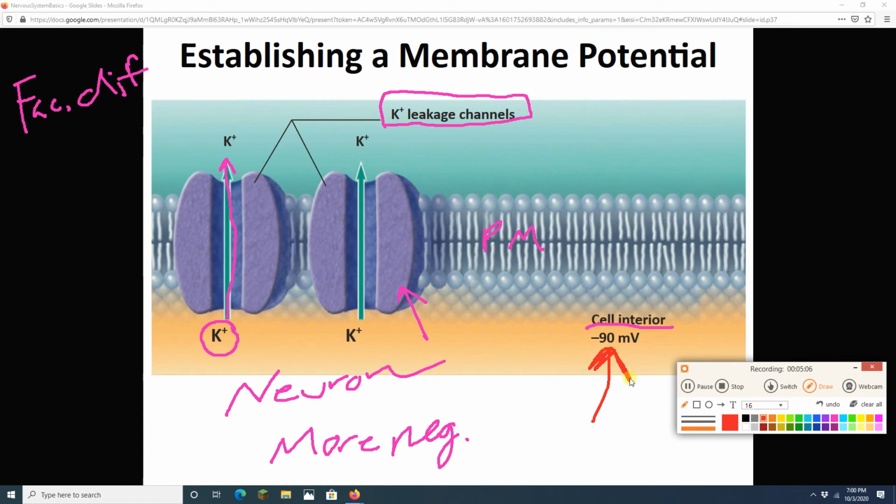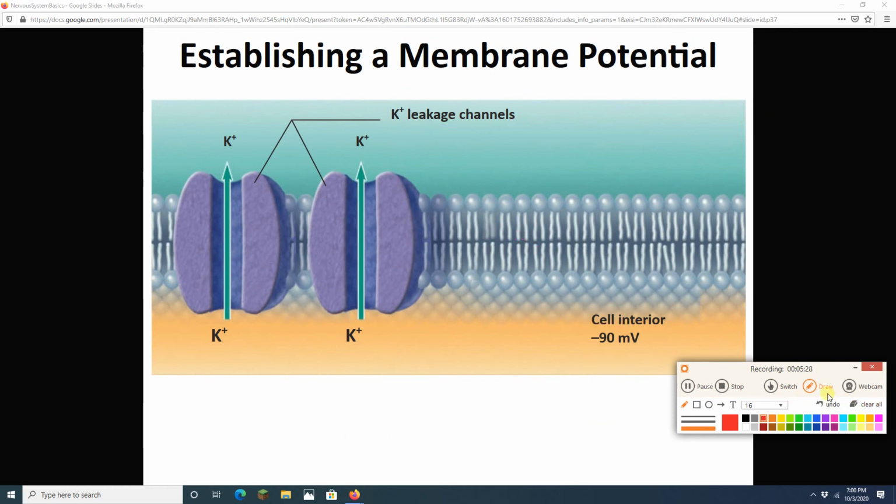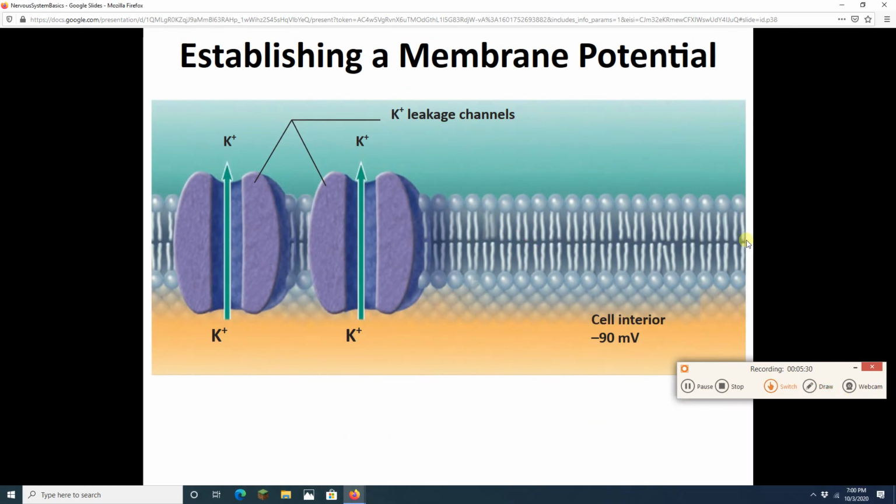Wait a minute. Is that what we said before? No, we said the resting membrane potential was equal to negative 70 millivolts. But these two proteins give us a membrane potential of negative 90. Okay, there must be something else going on. Let's figure out what it is.